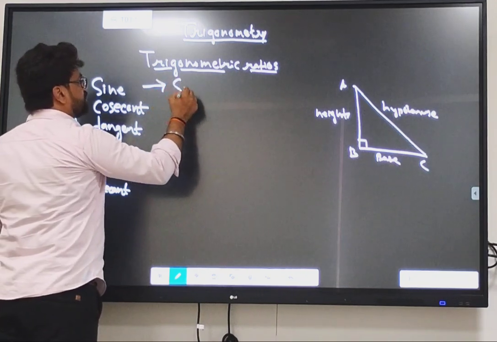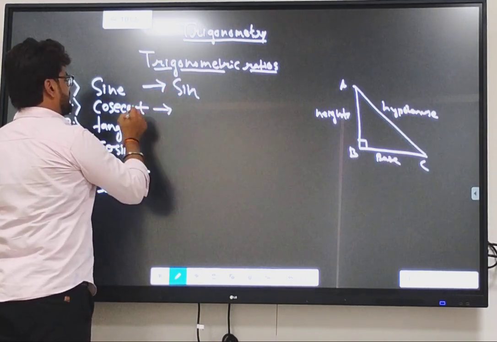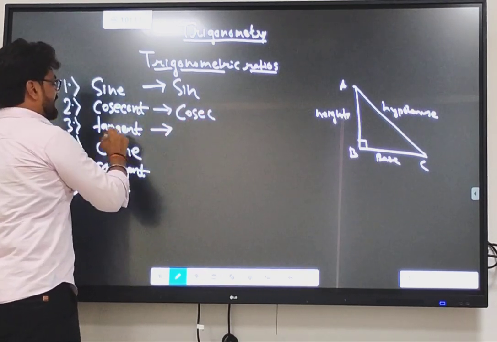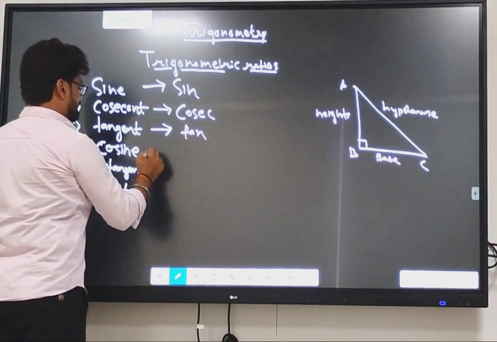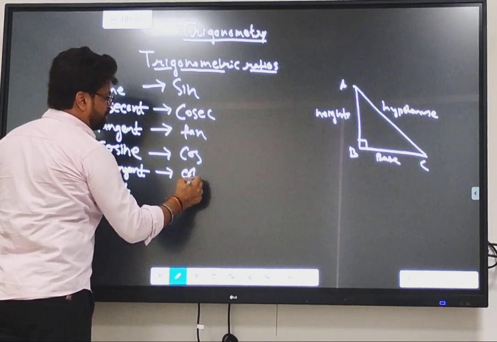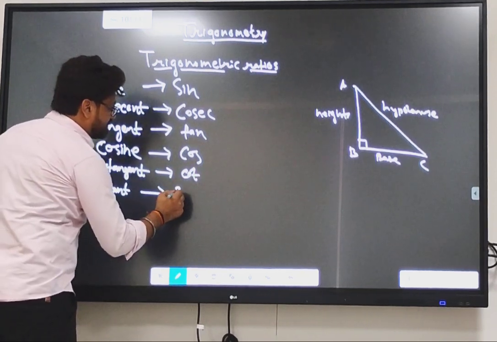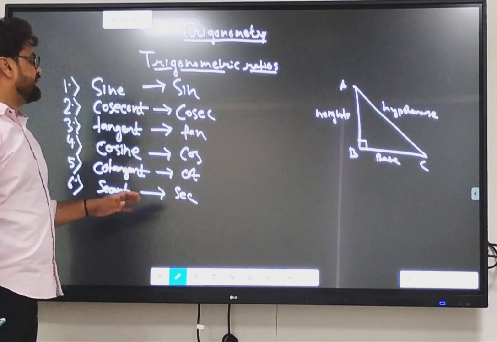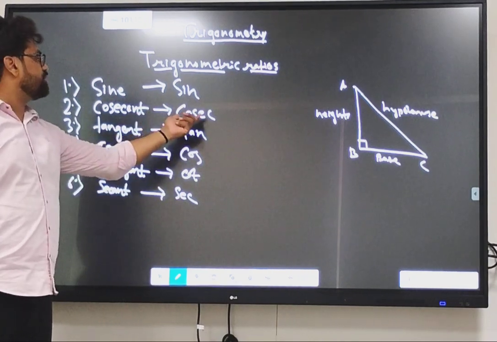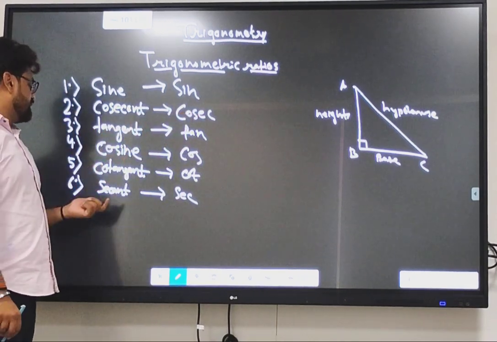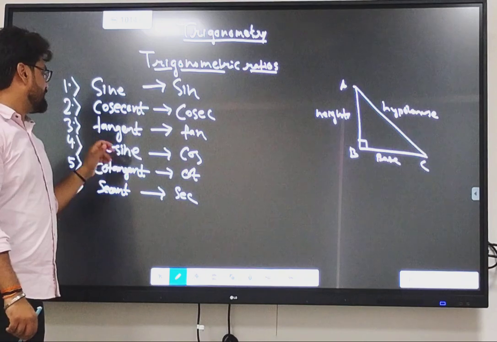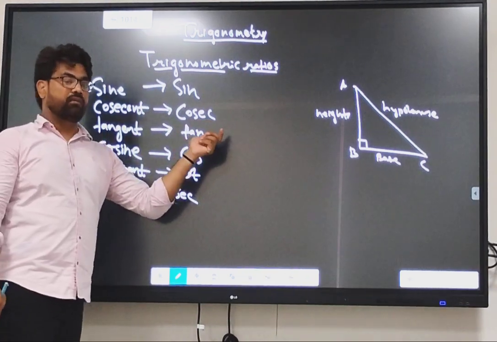Sine becomes sin, cosecant becomes cosec, tangent becomes tan, cosine becomes cos, cotangent becomes cot, and secant becomes sec. Basically we take only the first three letters, but for cosecant we take 5, because the things remain the same as cosine.